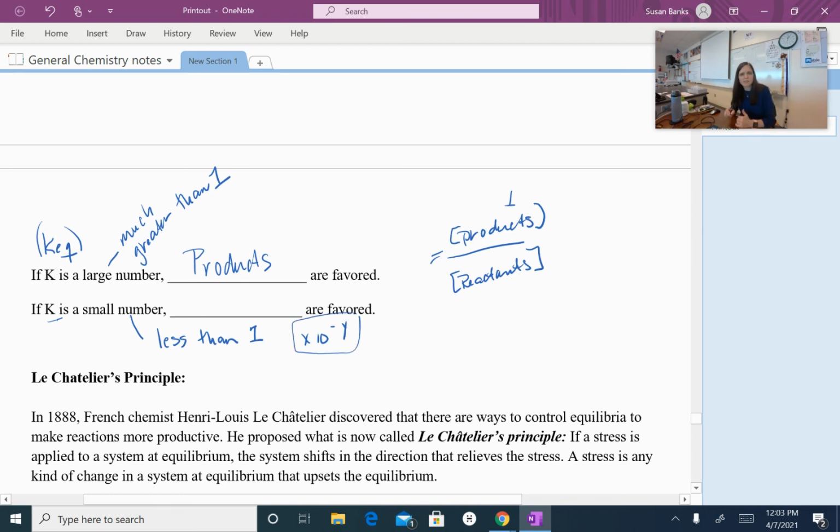If you wrote it out, it would be like 0.000325, something like that, much less than 1. If this is a very small number, that means that I have a lot more reactants than I have products. So if I have more reactants than I have products, that means this is reactant favored.